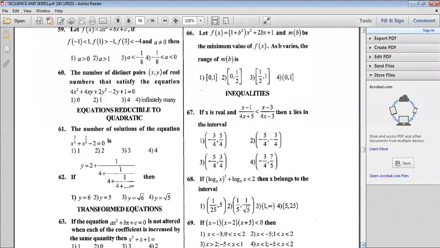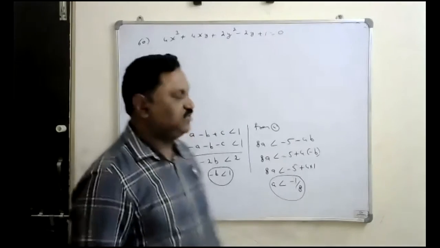So what are the solutions of this? It means you have to find the values of x and y satisfying this equation.